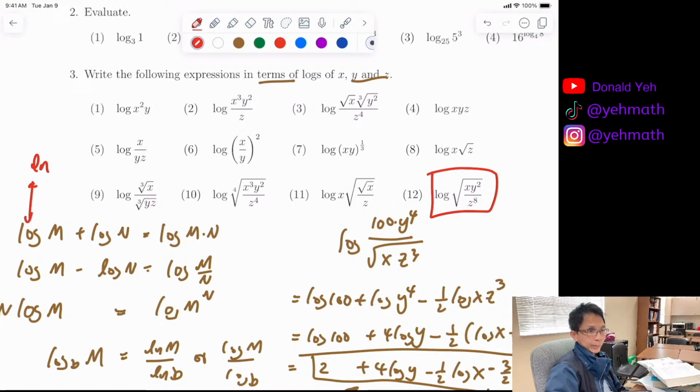What do you guys think? Julissa, finish? If you finish, you can check the answer in the back. Airdrop to you. You can try 11 if you think you're good. 11 is a little bit harder.